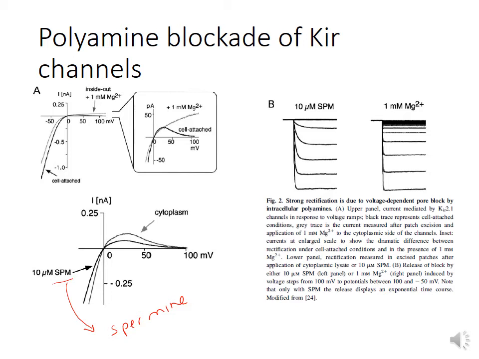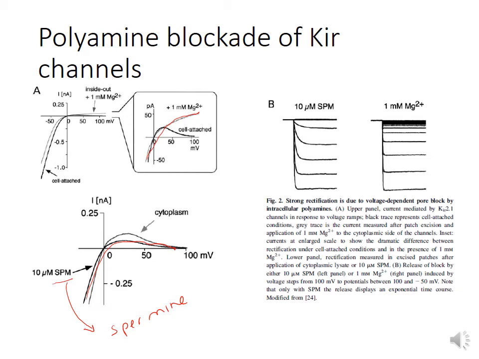In panel A, in an inside-out patch in the presence of 1 millimolar magnesium, the inward rectification is not completely restored by magnesium, because in cell-attached the amount of rectification is even higher.